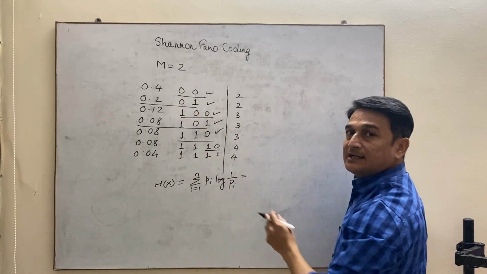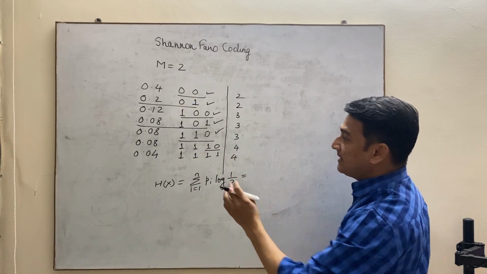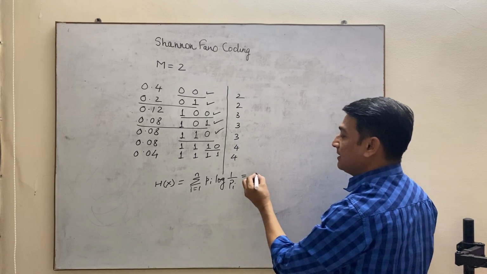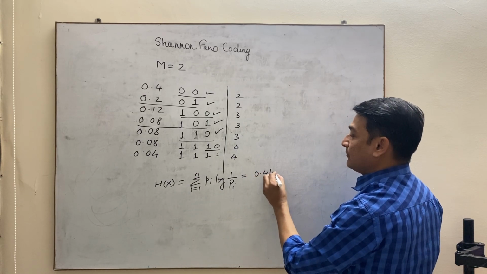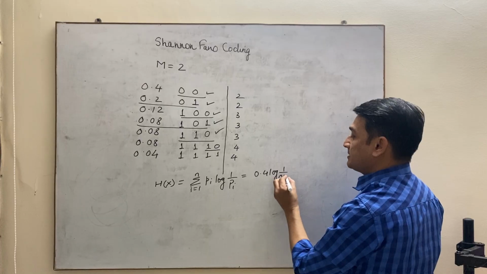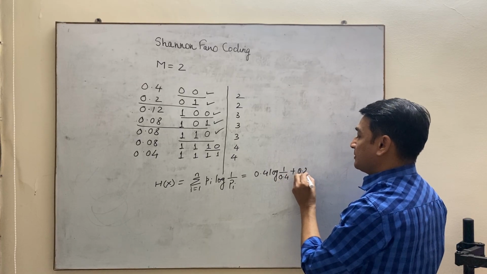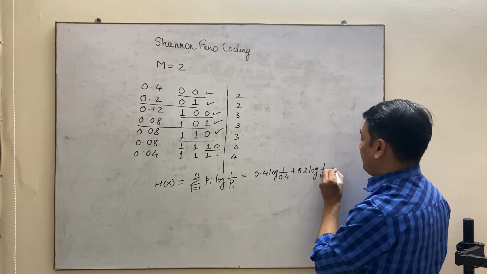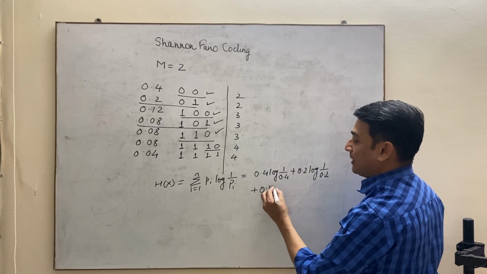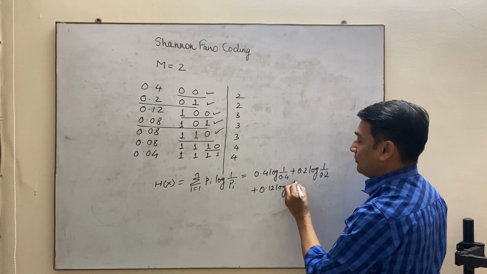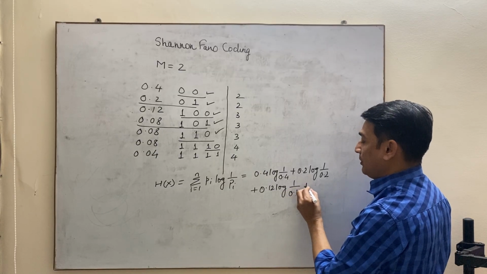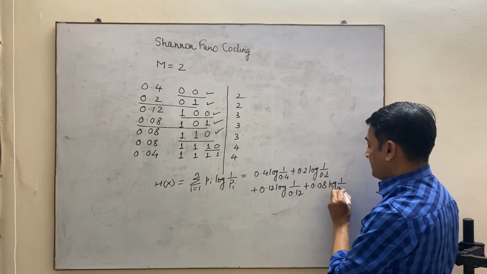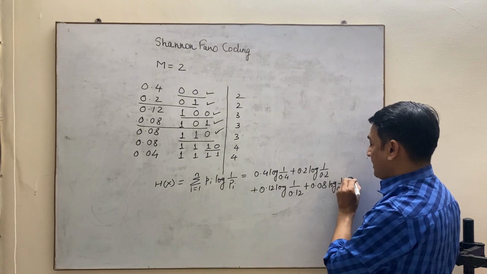How many messages are there? 7 messages, that means 7 probabilities. So this n would be 7, so this will be from i equal to 1 to 7. It will become 0.4 log 1 upon 0.4 plus 0.2 log 1 upon 0.2 plus 0.12 log 1 upon 0.12 plus 0.08 log 1 upon 0.08.